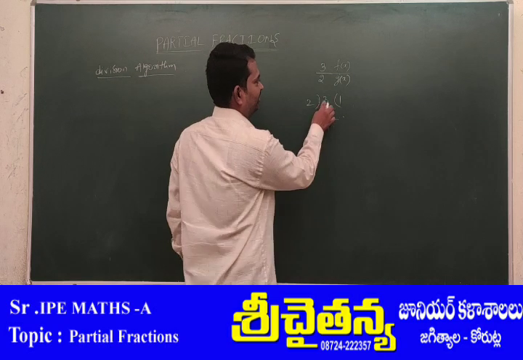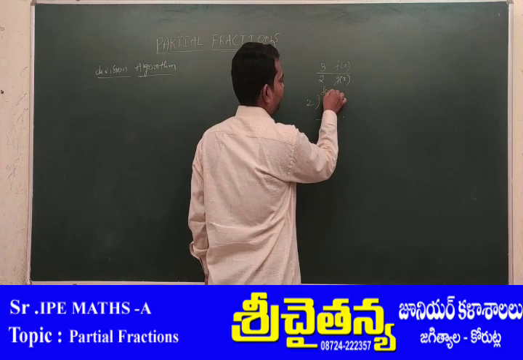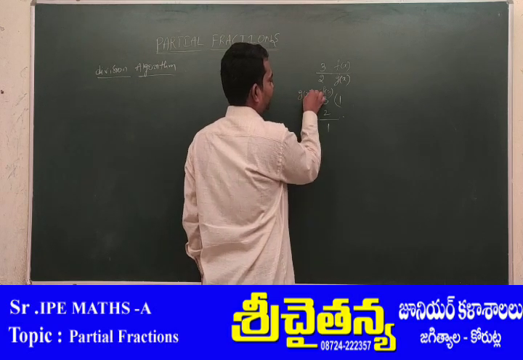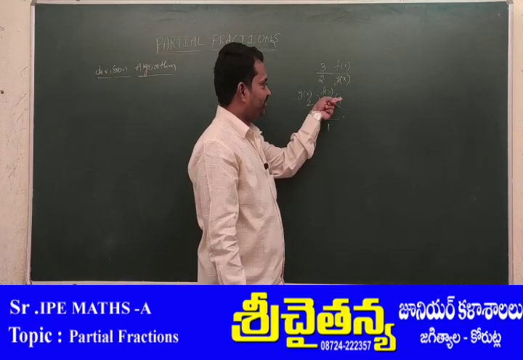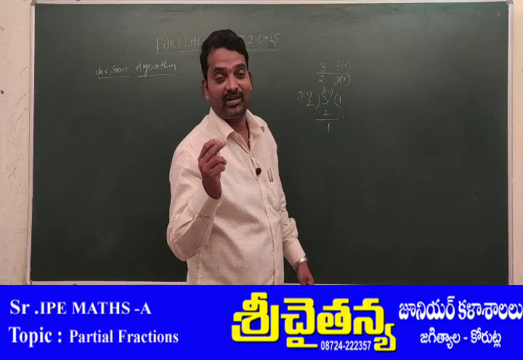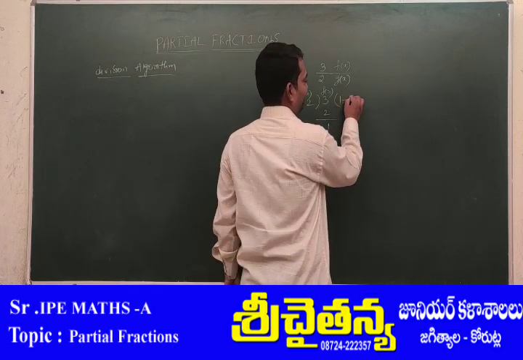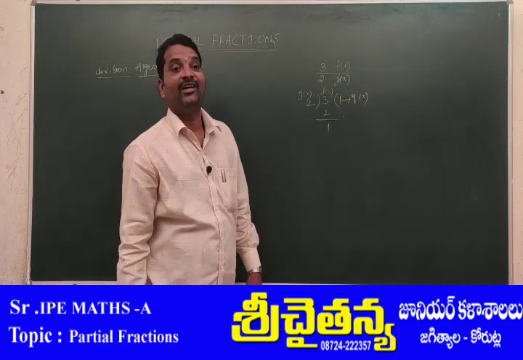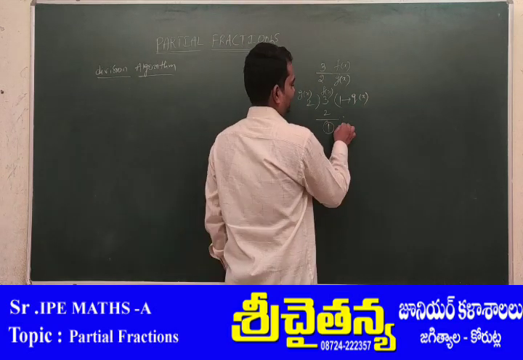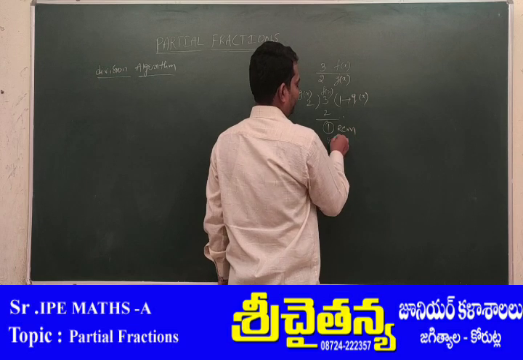What is 3 here? f of x, and this is g of x. When f of x is divided by g of x, this one is known as the quotient, and this place is the remainder, which I am calling r of x.